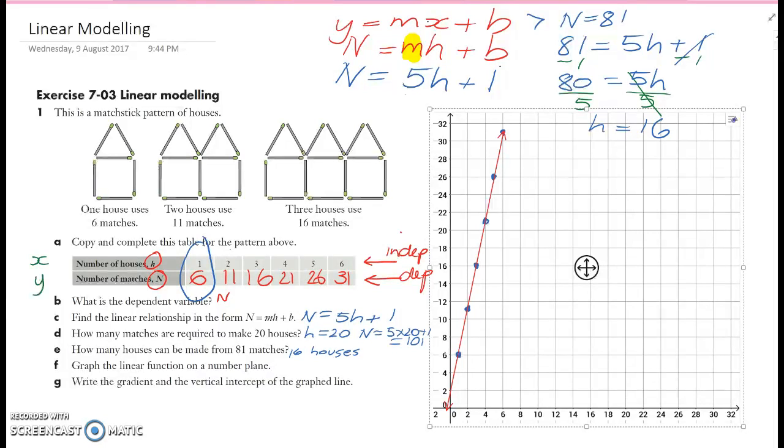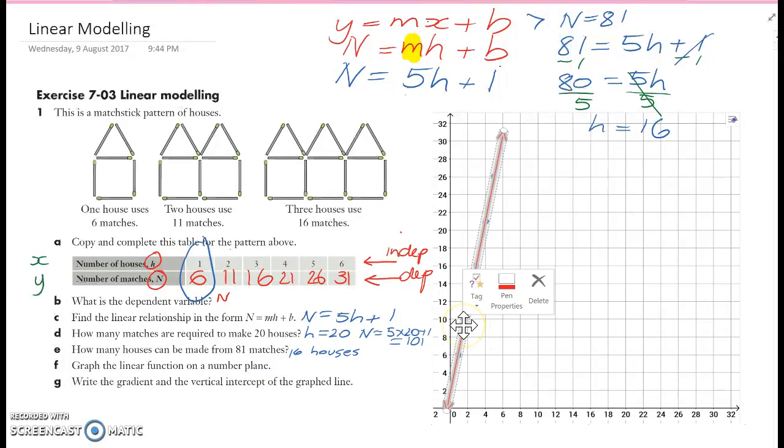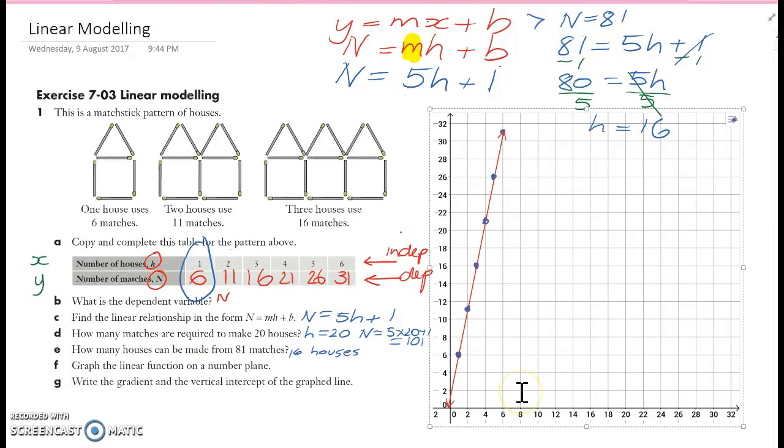Now, if I did that accurately, let's see if I can get it to be a bit more accurate to get through those points. That's pretty good. Can you see what the y-intercept is there? That's 1, which is what we've got here, so that's a good thing.